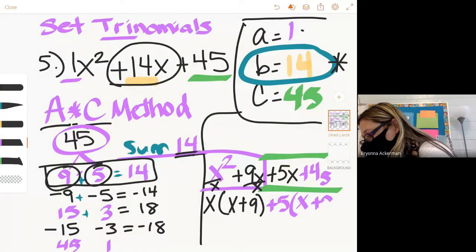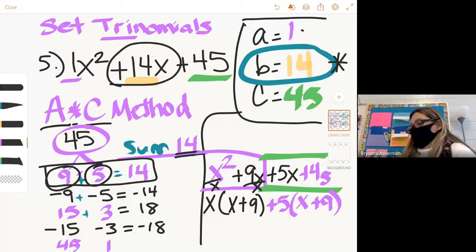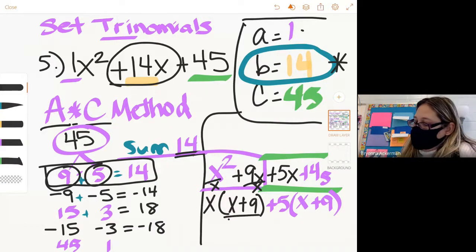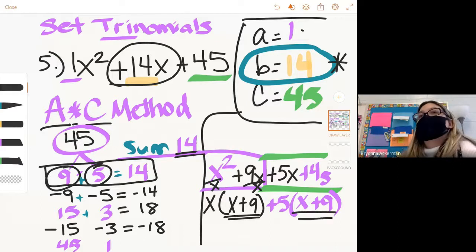What is it? 9. Okay, so I don't know if you see this, but these are the same. Yes? So what's kind of cool is with this, I can rewrite it as if I were dividing the x plus the 9 out of everything. So it's almost like another greatest common factor.